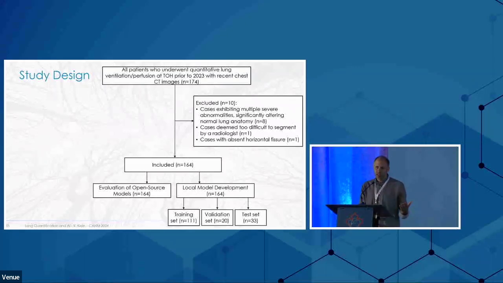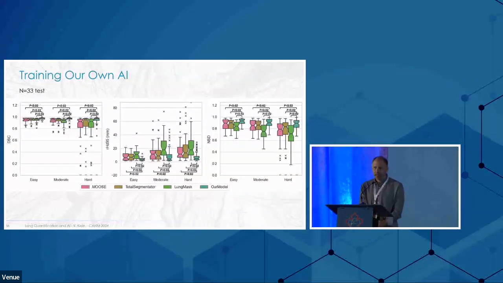A validation data set that showed that our AI wasn't overfitting to the data. Those are 20. And then a remaining holdout set of 33 images that were used to evaluate the performance of our AI. And we did that in the context of the other 3 open source lung segmentation software.